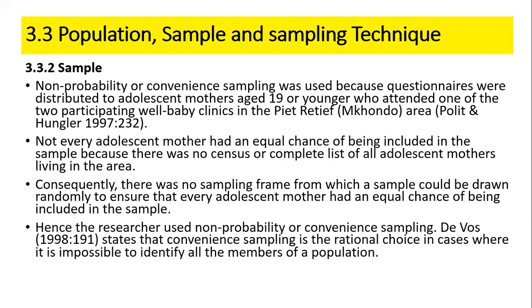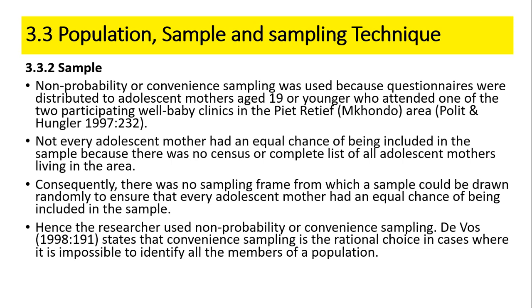Then the sample, then the sampling technique. Here the researcher used non-probability or convenience sampling because questionnaires were distributed to adolescent mothers aged 19 or younger who attended one of the two participating well baby clinics in the particular town or area.